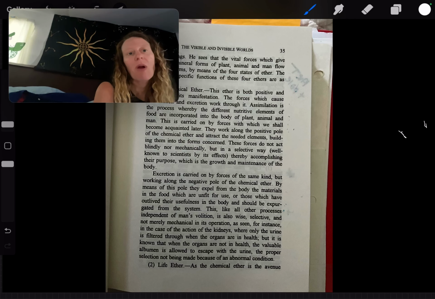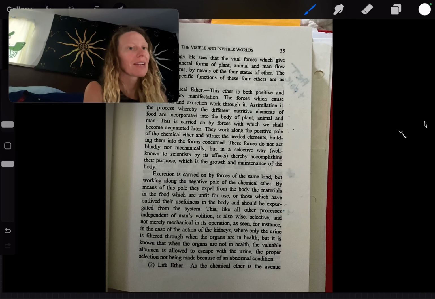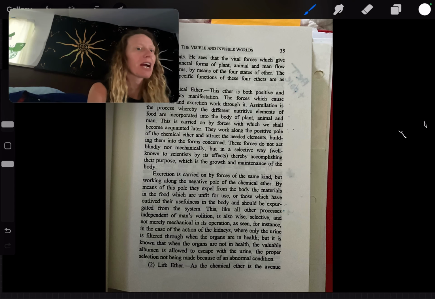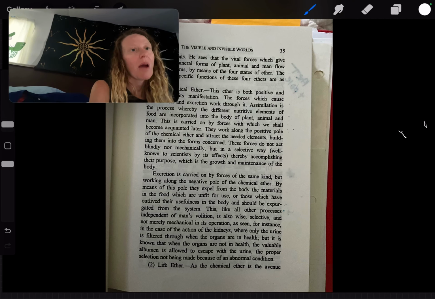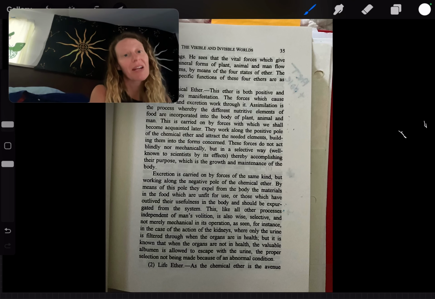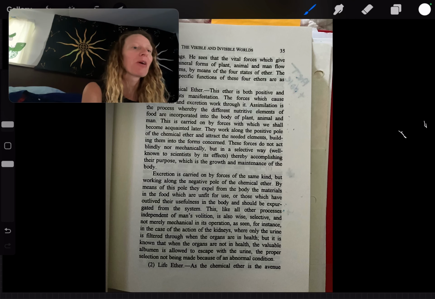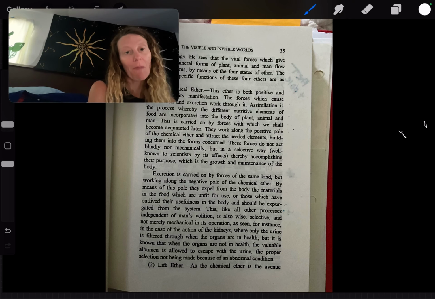This, like all other processes independent of man's volition, is also selective and not merely mechanical in its operation, as seen for instance in the action of the kidneys, where only the urine is filtered through when the organs are in health. But it is known that when the organs are not in health, the albumen is allowed to escape with the urine, the proper selection not being made because of an abnormal condition.